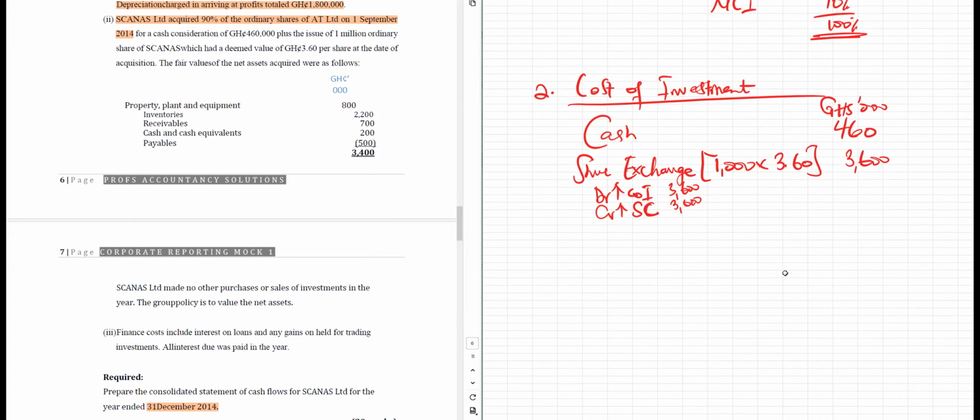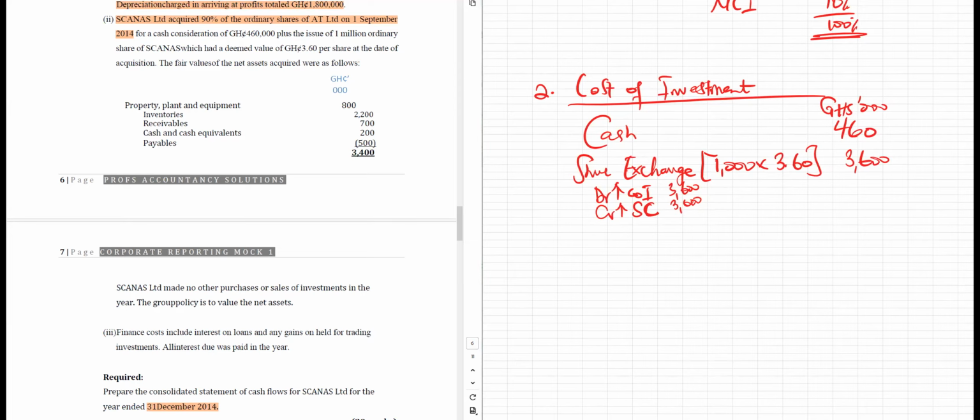Now, this cash that we paid for the subsidiary, the cost of investment, is it not a cash outflow? Yes, it is a cash outflow. So is it an investing, financing or operating activity? Investing. Thank you.